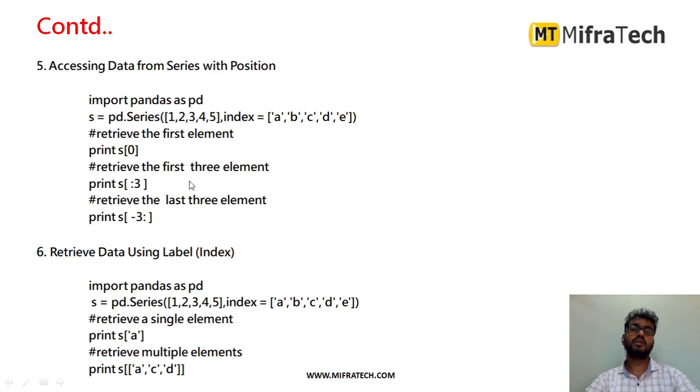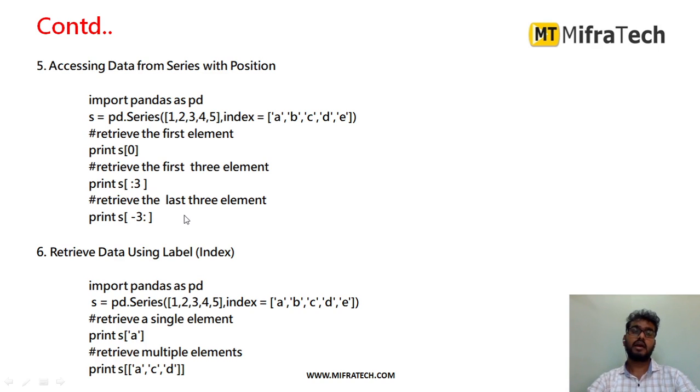Similarly, if you want to retrieve the first 3 elements, that is 1, 2, 3, we can use slicing. If we use colon 3, it will take from 0 up to 3 minus 1, that is 0, 1, 2, so 1, 2, 3 will be printed when you run this code.